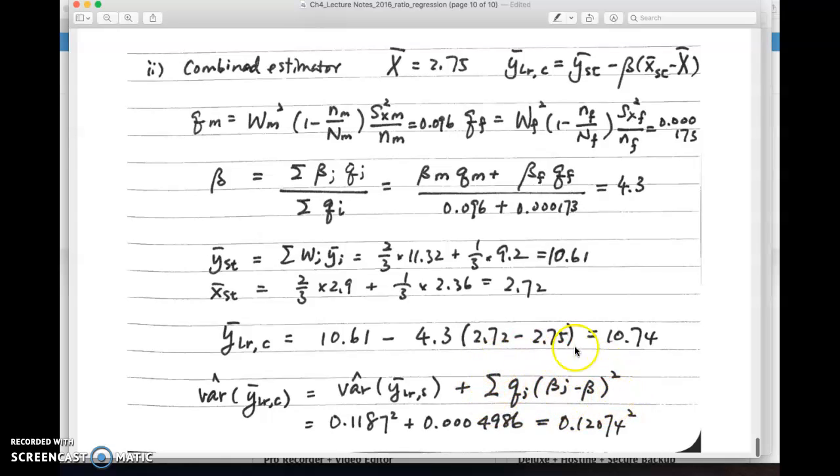That would be a slight additional variance, which is around 0.000496, added to the estimated variance under the separate method.